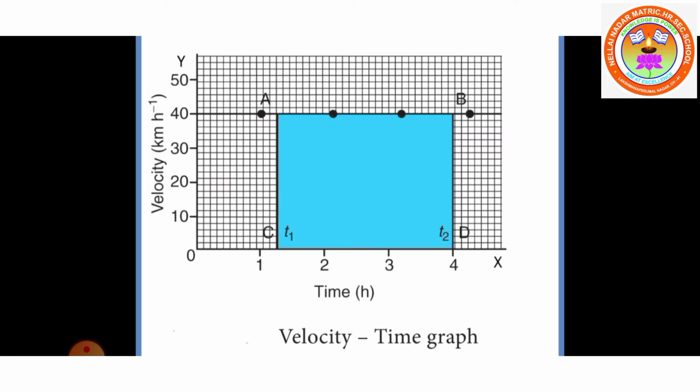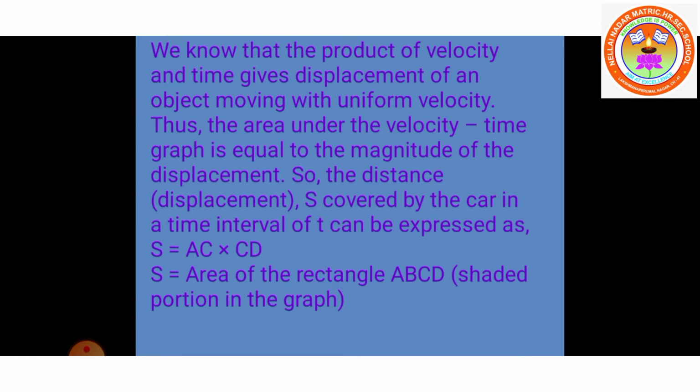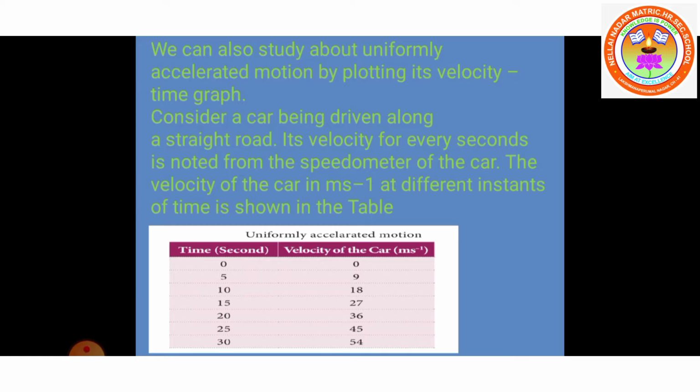We are calculating length into breadth, which gives the area of the rectangle ABCD. So we can calculate the displacement by calculating the area of the shaded portion in the graph.